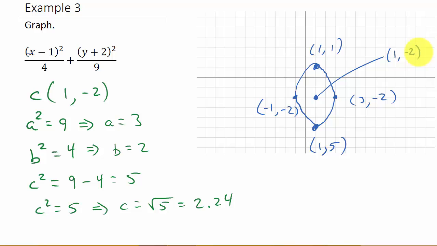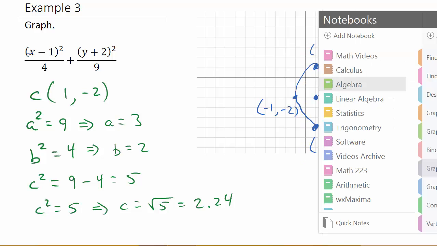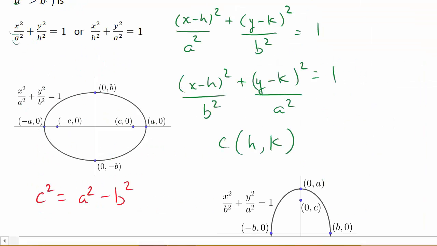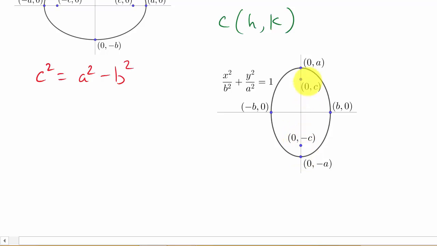Now let's plot our foci. From the center, since our major axis is vertical, if you look at our graph here, our foci are on the major axis, so it's going to go up and down.